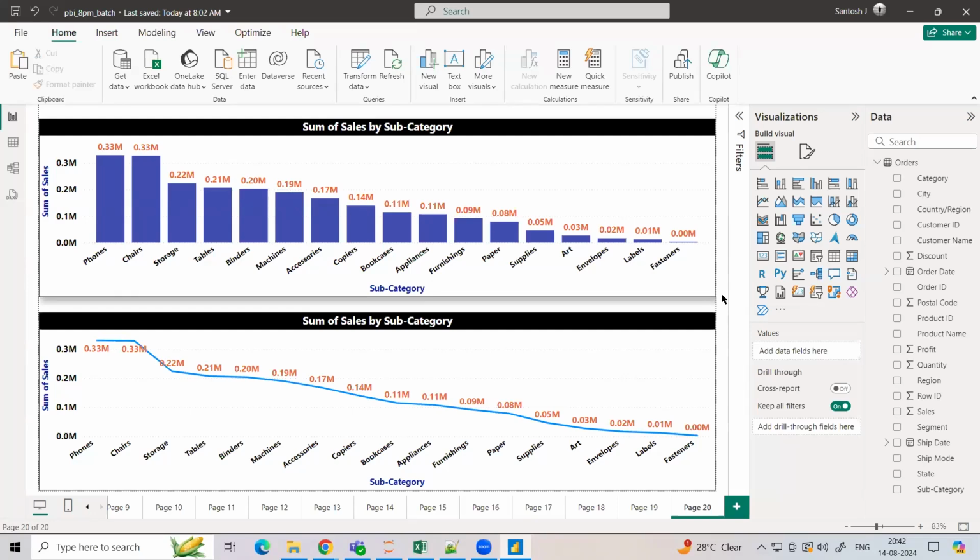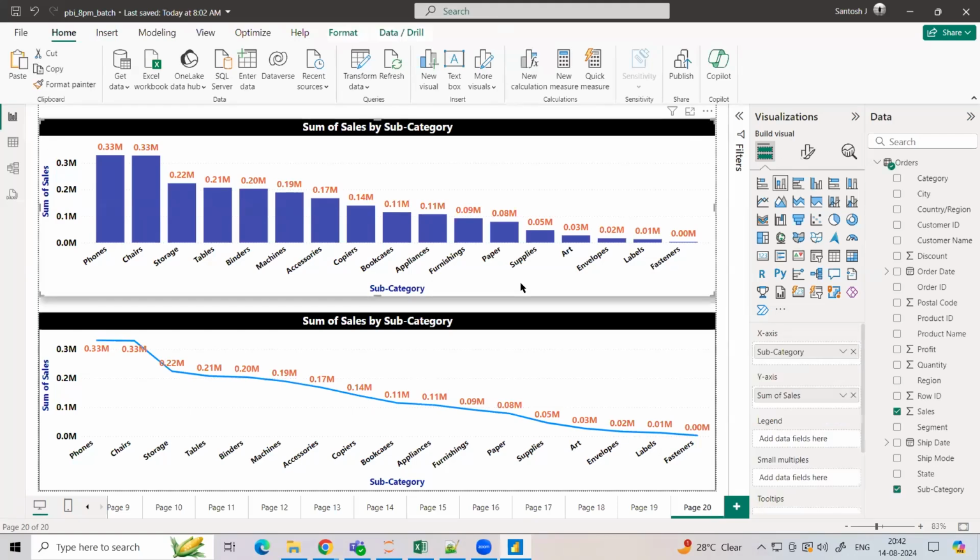Column chart. The first one, the bar chart. Why? What is the reason? Because it's more clear, and there is a graphical representation of each and everything. And this is just a line.